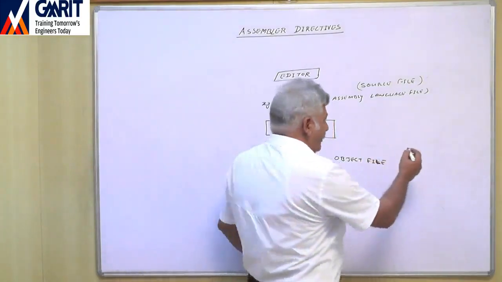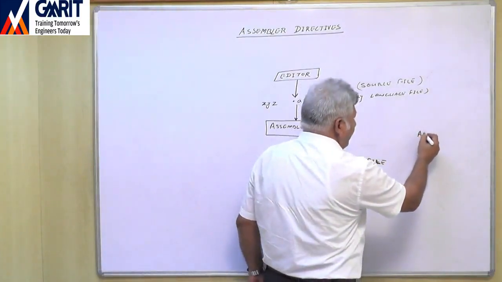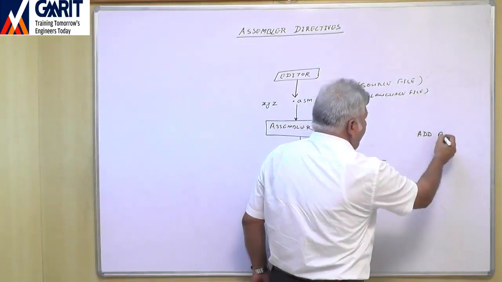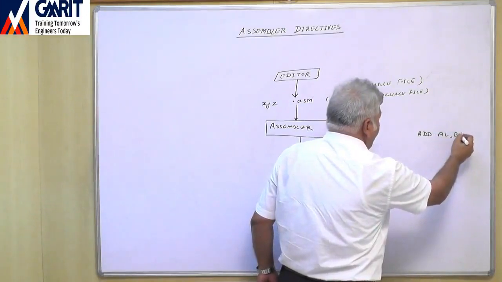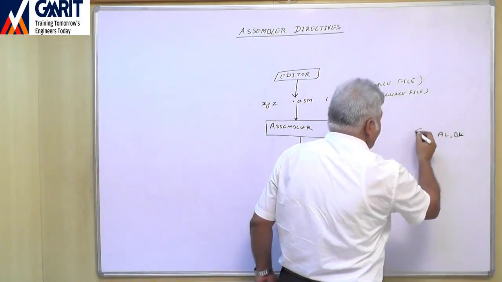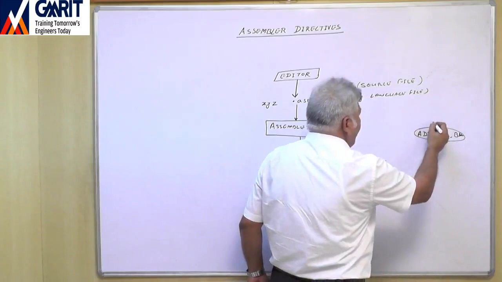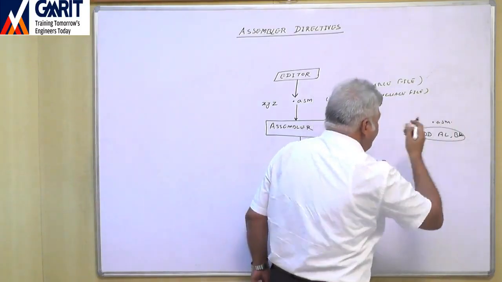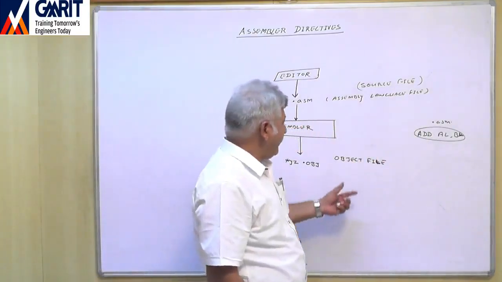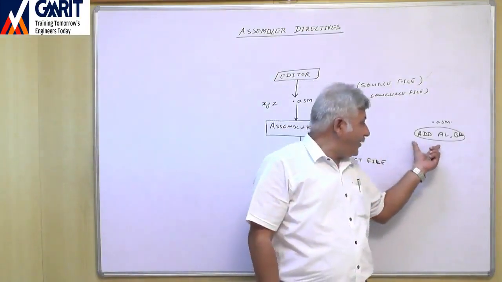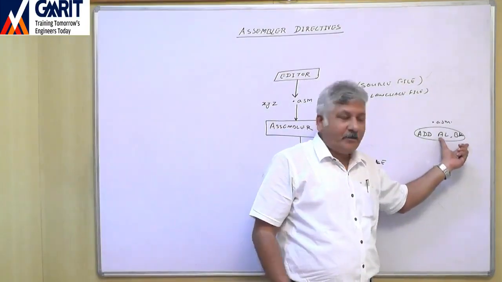For example, if we have written add AL, BL, if this instruction we have written in the .asm file, now in the object file, the binary code of this instruction will be there.